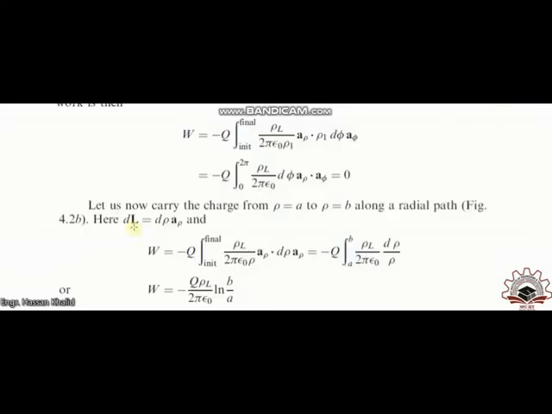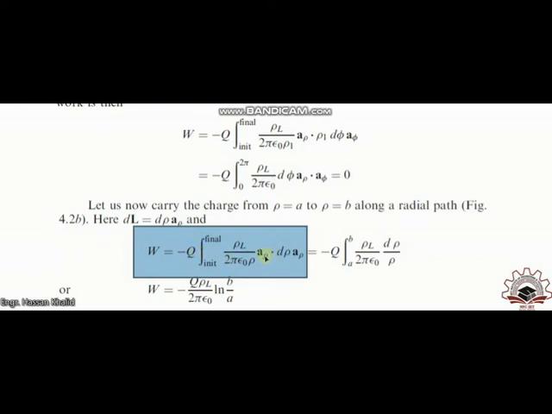Now since we know that this is our desired equation, the generic form to evaluate the work done by that charge moving in the straight line in the electric field intensity.